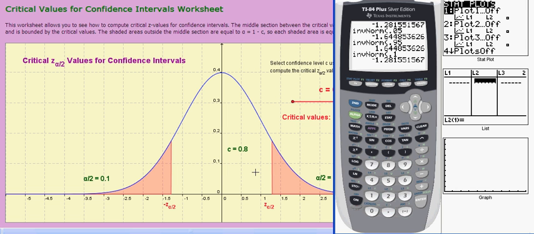The area, pardon me, the z-score to the right of this middle region can be found using, now I'm going to give it the area to the left of this particular location, which is going to be 0.8, plus the area in the left tail, which is 0.1. So that's going to be 0.9.